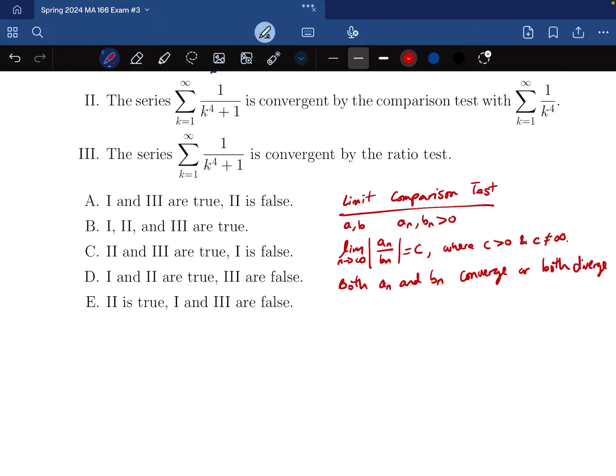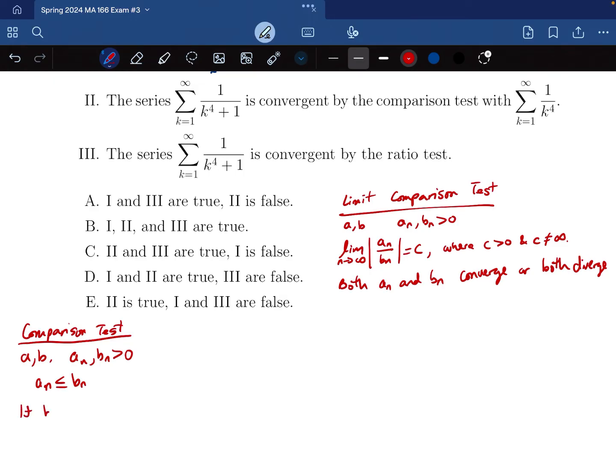is about the comparison test. The comparison test is similar in that we are comparing two series a_n and b_n again, and we have the same condition that a_n and b_n must be greater than 0. It says that suppose we have a series where a_n is less than or equal to b_n for all n.